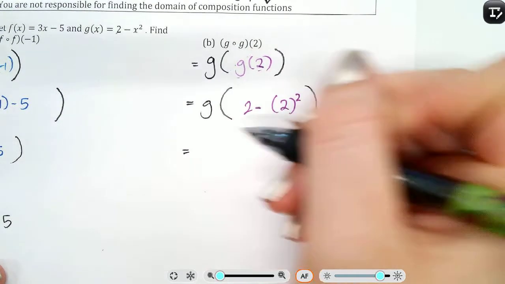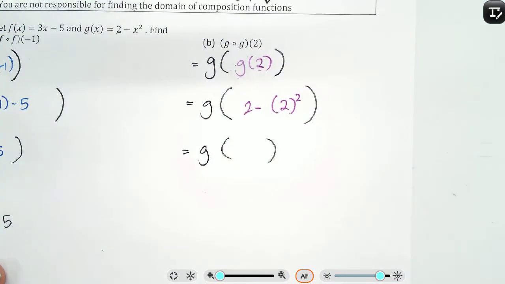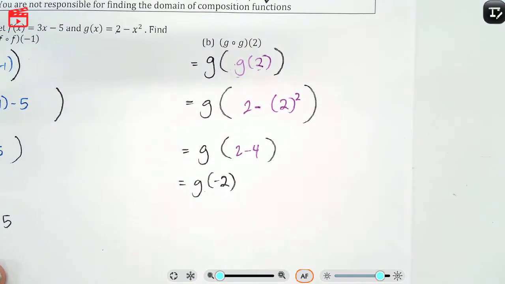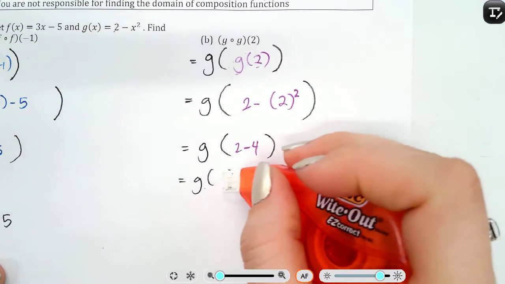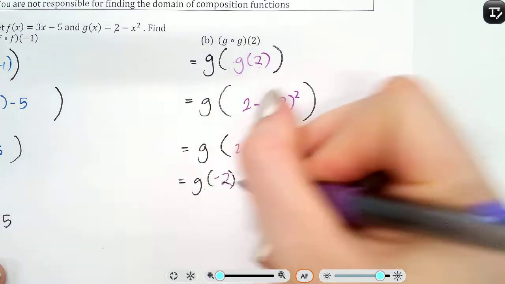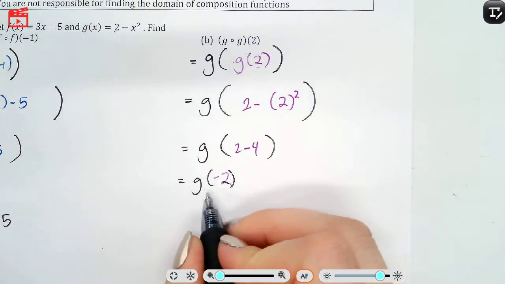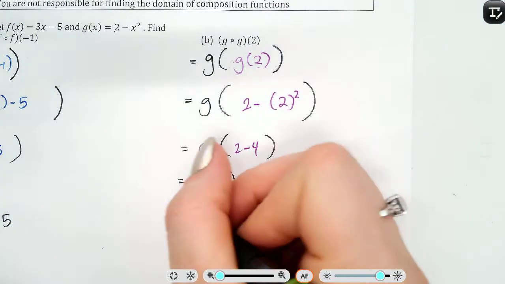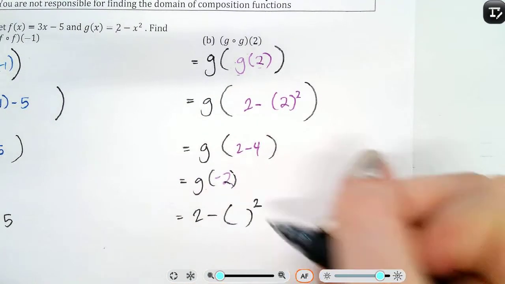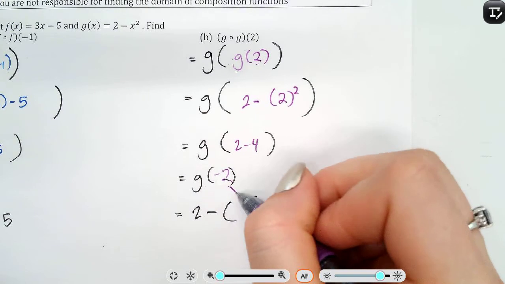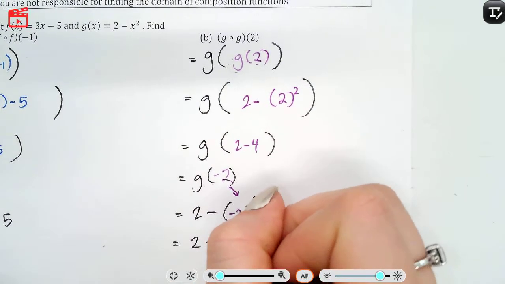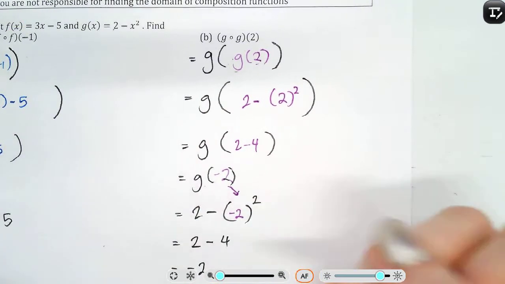Then that's going to be g of 2 minus 4, which is going to be g of -2. So now I have g of -2, which means I'm going to input -2 into my function. So that'll be 2 minus something squared, which is my -2. And I get 2 minus 4, which is -2.